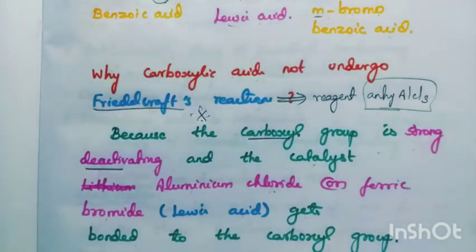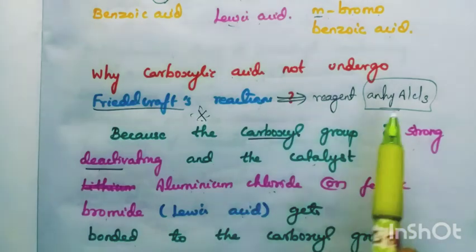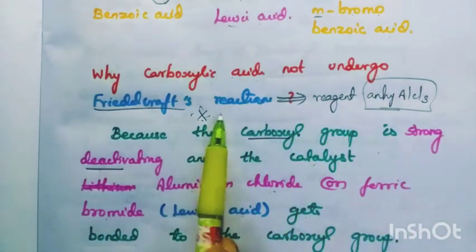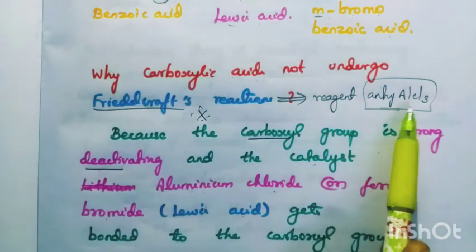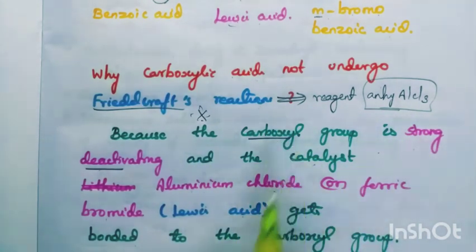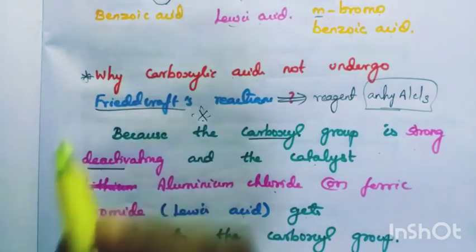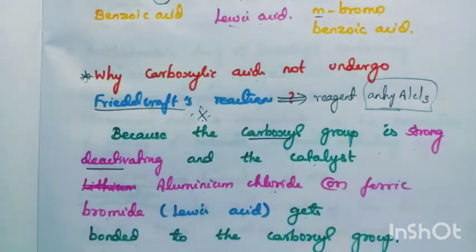Friedel-Crafts acetylation means that in the presence of anhydrous aluminium chloride, an acetyl group or benzoyl group is added. But here, this catalyst itself forms a bond with the carboxyl group. So we cannot prepare the expected compound, that is the acetylation or benzylation product. So acids do not undergo the Friedel-Crafts reaction. For that reason only, carboxylic acids do not undergo the Friedel-Crafts reaction.